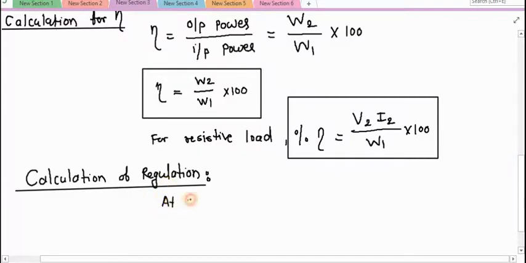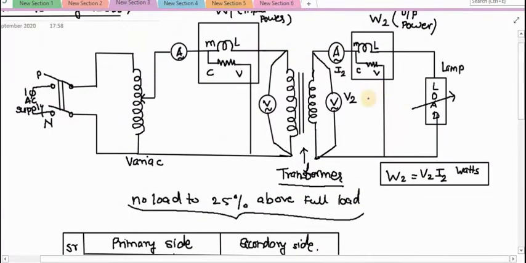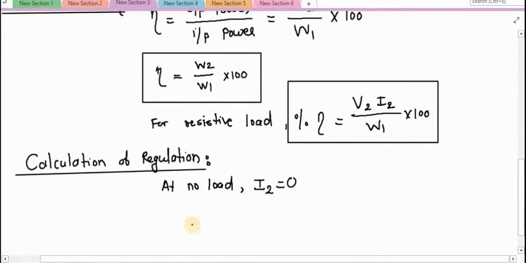At no load, the output current I2, the current flowing through the secondary winding, is 0. So the voltmeter reading on the secondary side of this circuit diagram gives me the no load secondary terminal voltage, right? Let the secondary terminal voltage be equal to E2 at this condition.